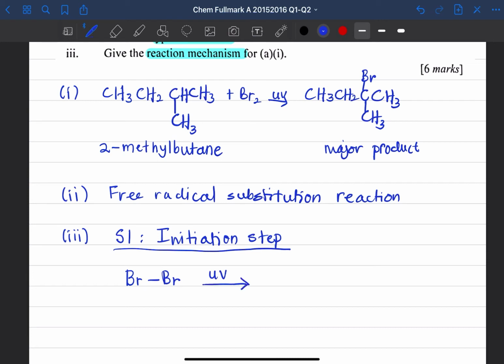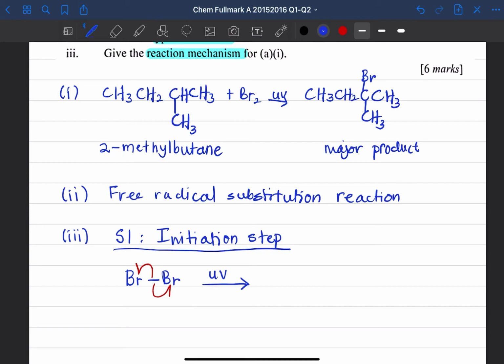So the bond in the bromine molecule will break symmetrically. That means each bromine takes 1 electron. Another electron goes to the left bromine.